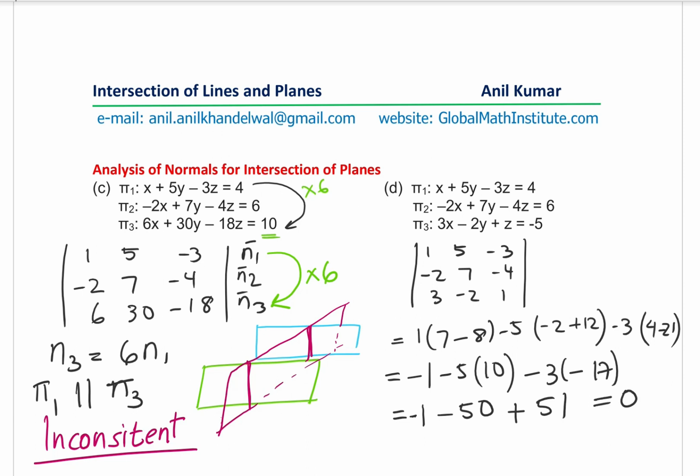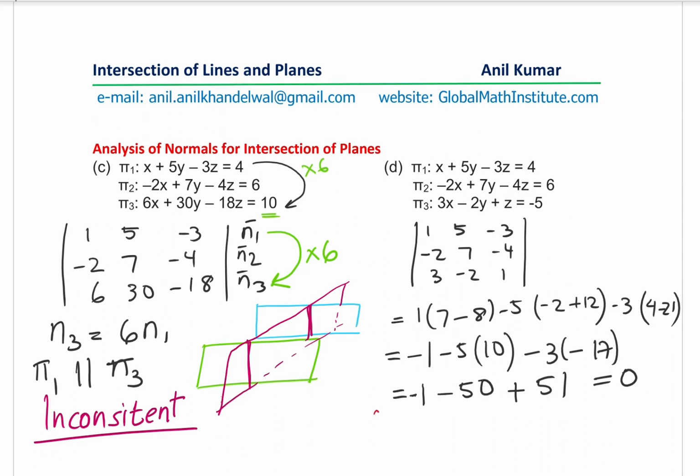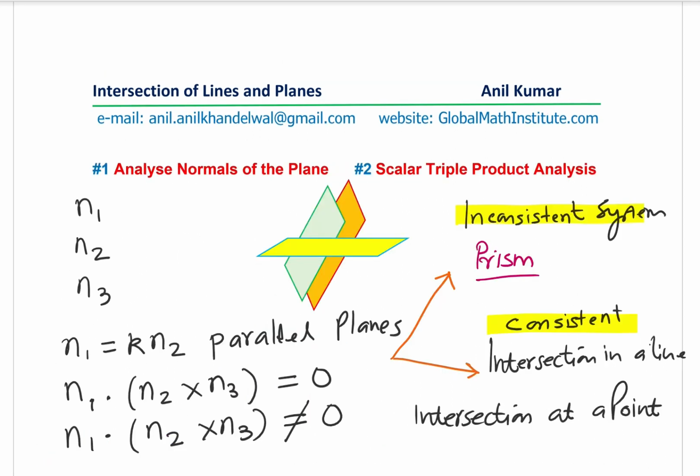So in this case, we do get the condition n1 dot n2 cross n3, this is very critical, is equal to 0. Perfect. Now, as I was saying in the very beginning, when we have the scalar triple product as 0, there are two conditions. We have seen when they intersect. Now, this is the condition for the prism.